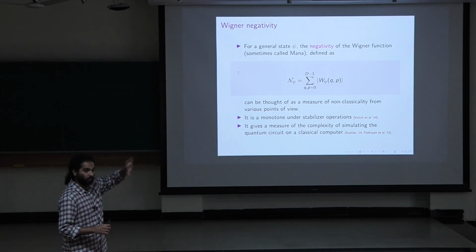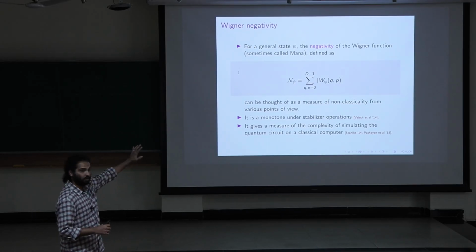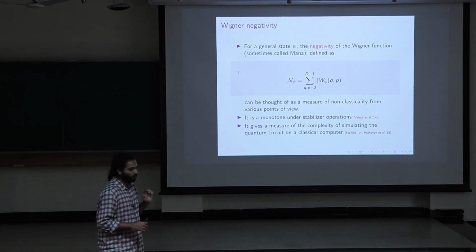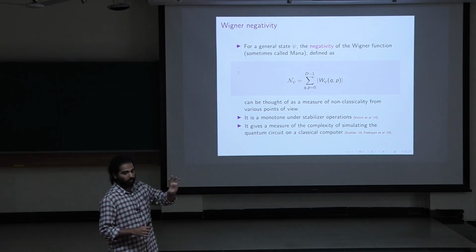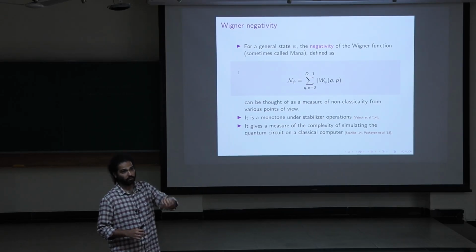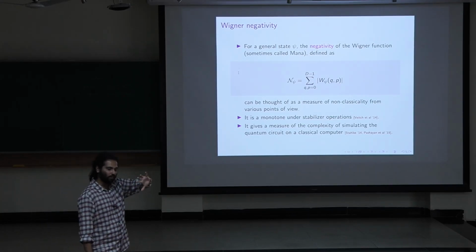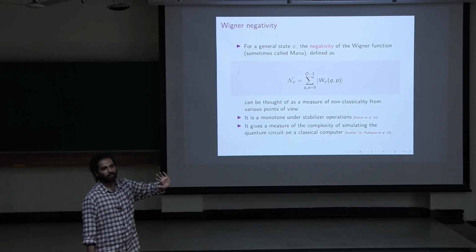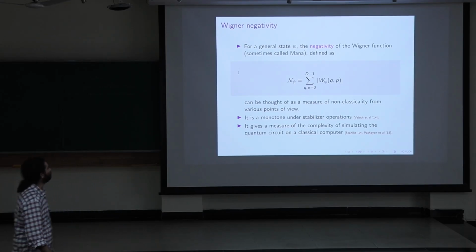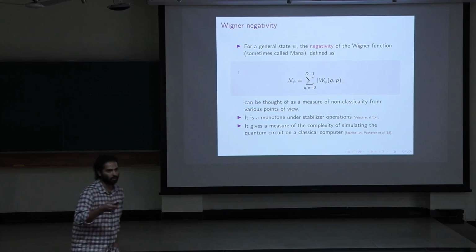There are these things called displacement operators. You can define displacement operators even in the discrete setting. Stabilizer operations are ones which map displacement operators to other displacement operators. You can think of this as, roughly speaking, rotations and translations in phase space. But if you want, we can talk in more detail after the talk.